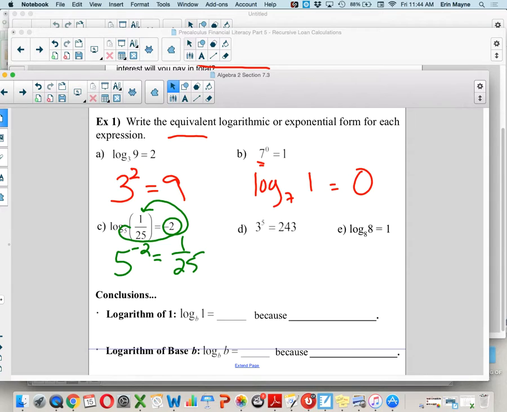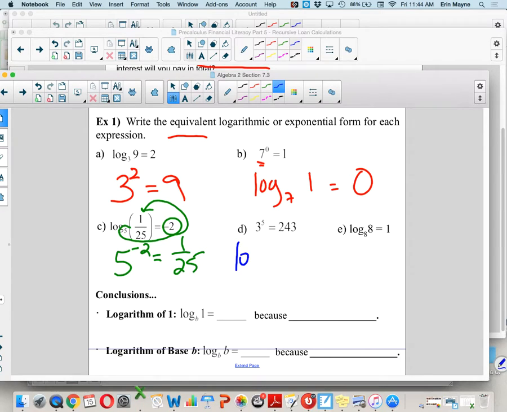Okay, will you please do letter D? If you got letter D, raise your hands. Good, good. You got it? Try harder. Log base 3 of 243 equals 5. Got it? Okay, question.